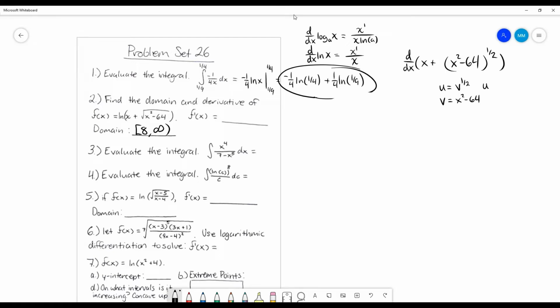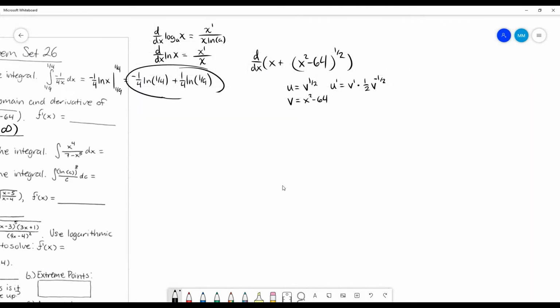The derivative of my outside term is going to be the derivative of my inside term times 1/2, because bring down that power, subtract 1 from the power, which I could then rewrite as this over that. Okay, now I take the derivative of that inside, which is going to be just 2x.